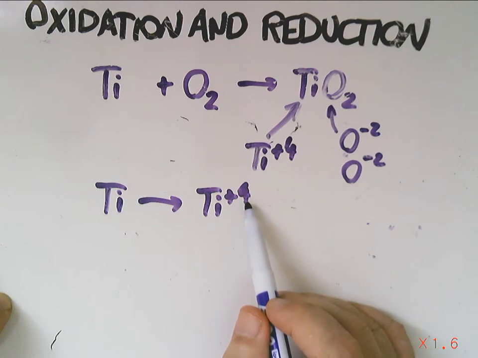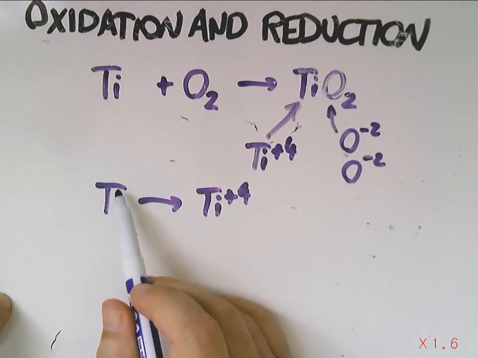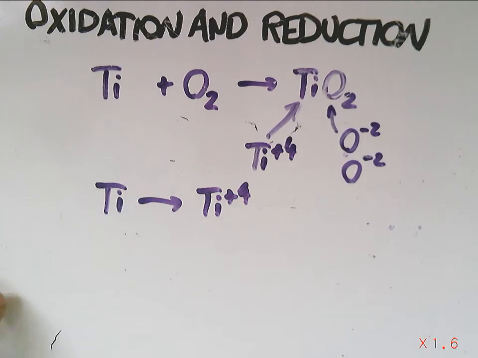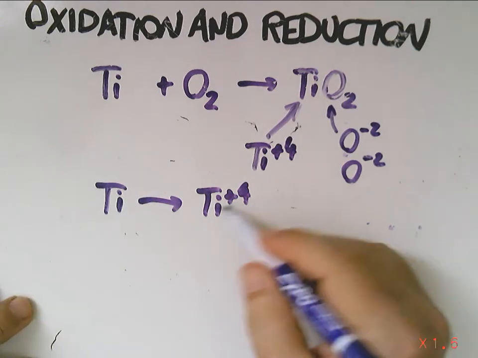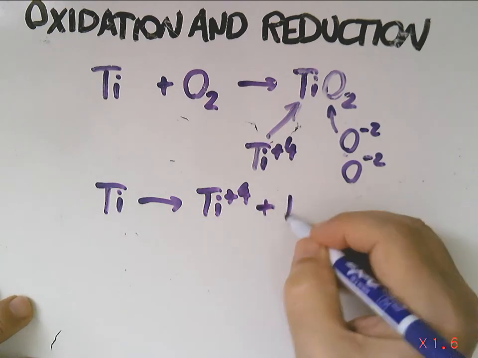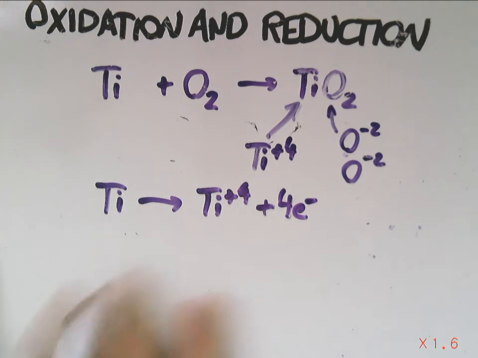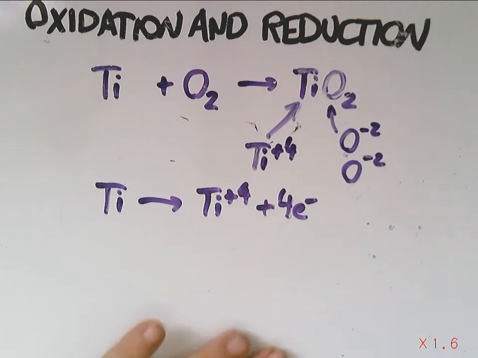So here I have a +4 charge, and here I have a 0 charge. There's no charge written in. So if you don't have a charge written in, it's 0. So I have to balance this, and what's happening is that this is spitting out 4 electrons. So I'll write 4 electrons in there, e-, everybody's symbol for electrons. This is the oxidation.